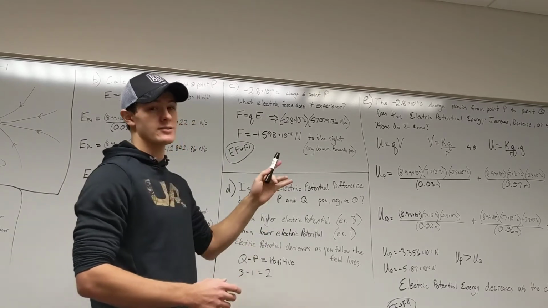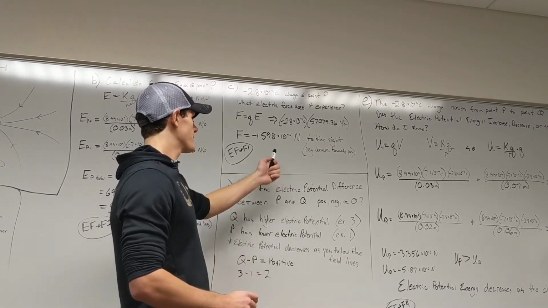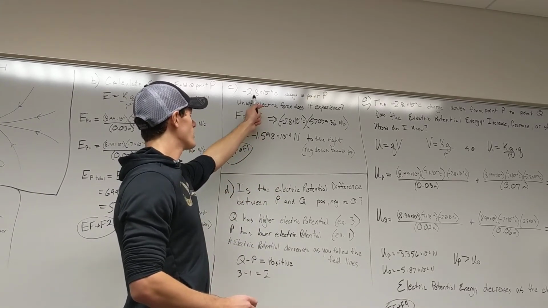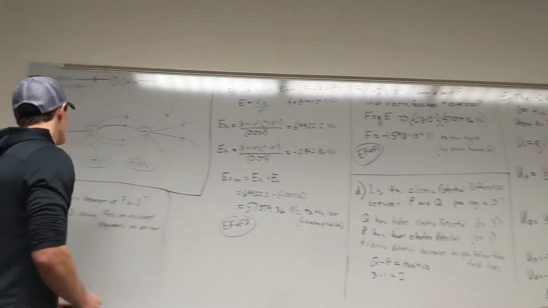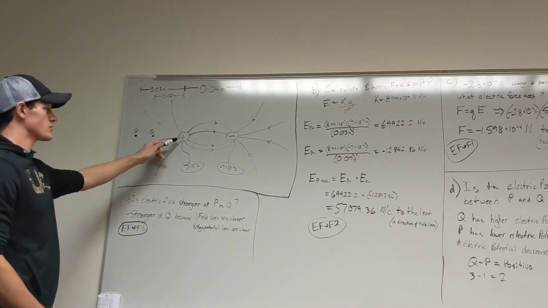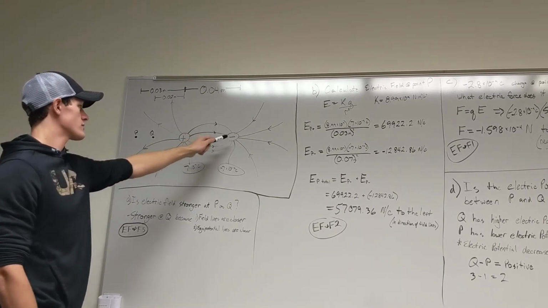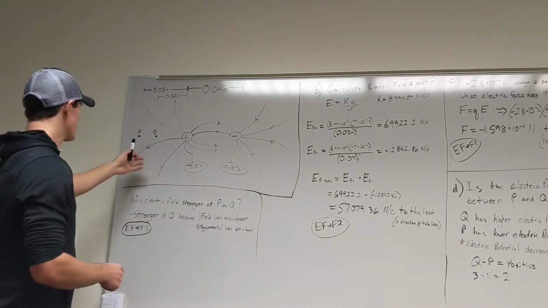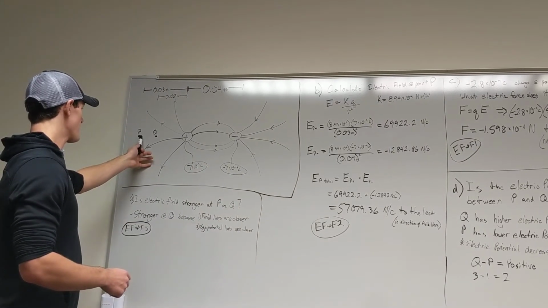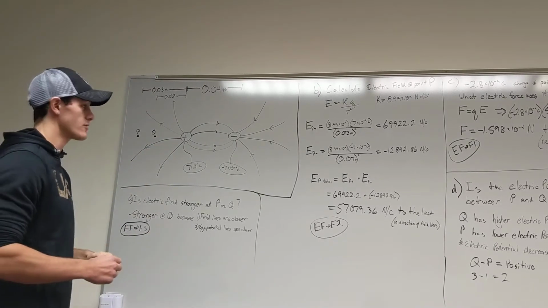And we know that that is to the right because the point charge at P is negative, and we see that it's a lot closer to this positively charged charge versus the negative charge. Negative and positive attract, so we know that it's going to be drawn towards the positive charge.